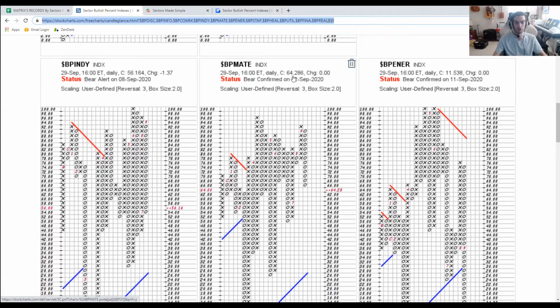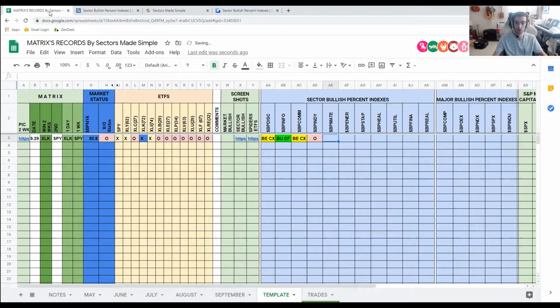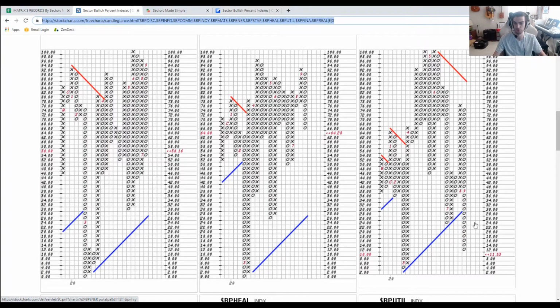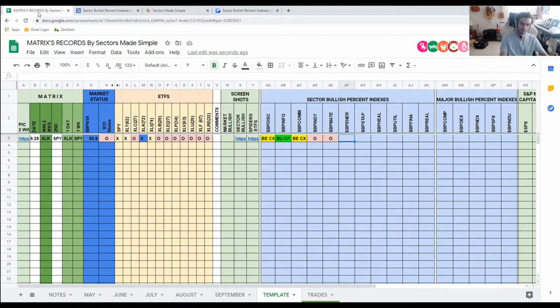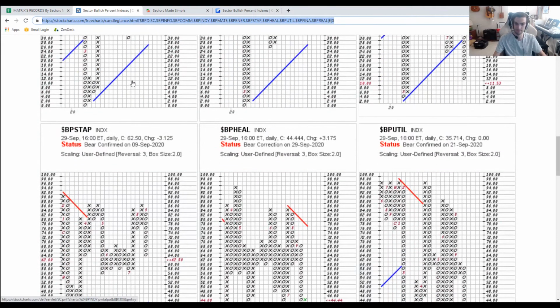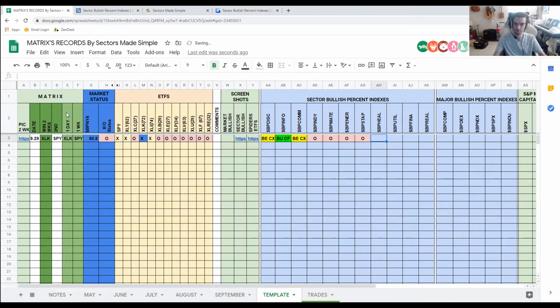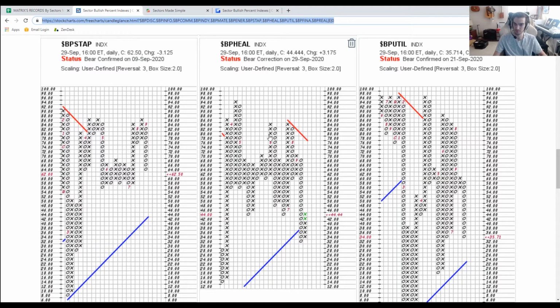Bear confirmed on 22 September, that's not today. So what column are we in? Column of O's. Energy, September 11, not today. Big column of O's. Staples, no new change. Column of O's. Health, bear correction today.